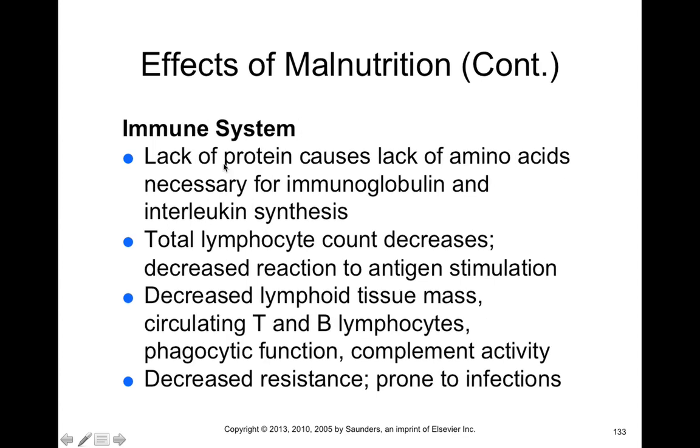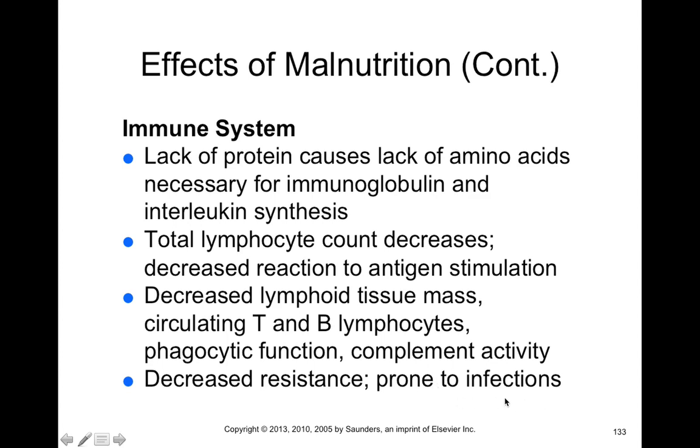Now in the immune system, lack of protein causes basically immunodeficiency. And we see that we won't have enough immunoglobulin or antibody synthesis or interleukin synthesis for inflammatory responses. Total lymphocyte count can decrease, and this can also lead to a decrease in lymphoid tissue mass, as well as circulating T and B lymphocytes. And this can actually make individuals more prone to infections.